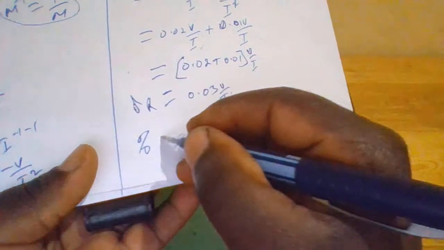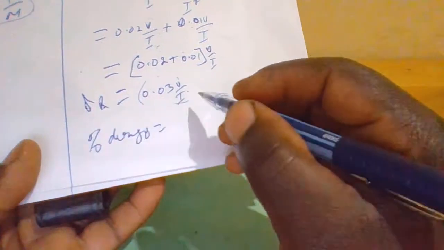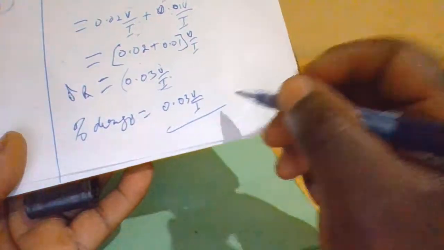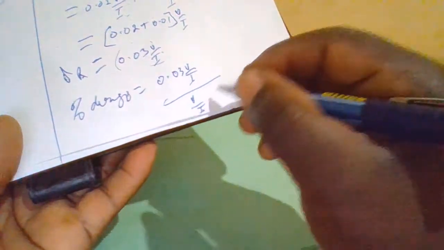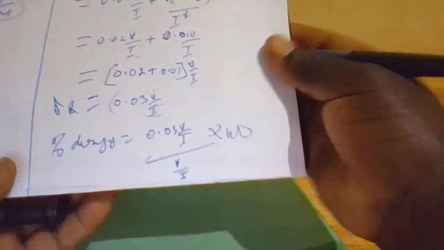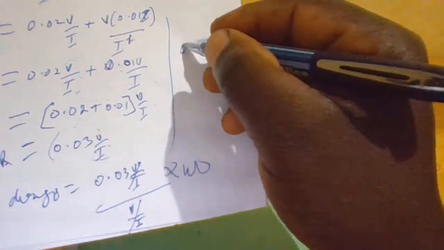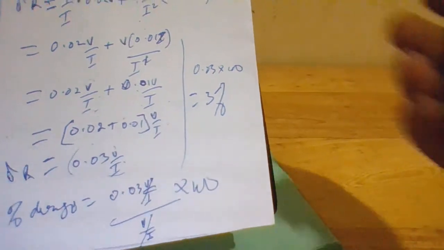The percentage change will be equal to 0.03 V over current, over the original value V over current, times 100. This will cancel, and we remain with 0.03 times 100, which equals 3%. Thank you for watching and listening.